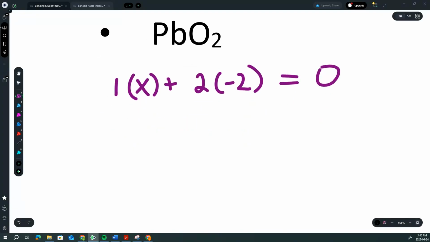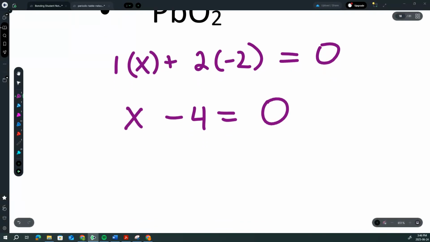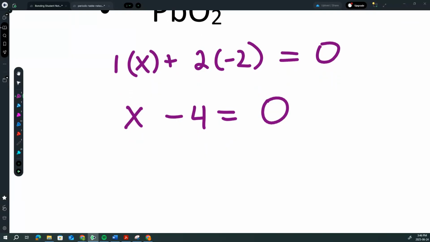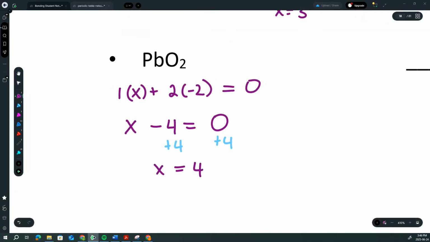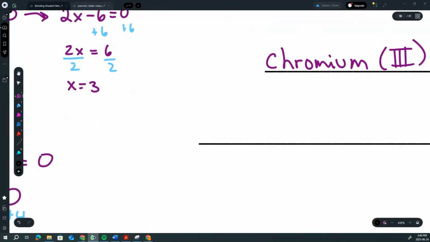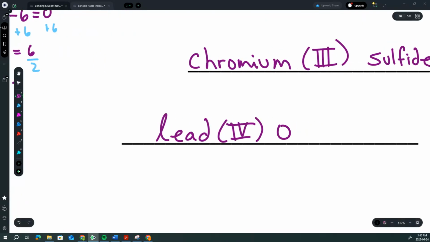Cleaning this up a bit, I put equals 0 because I know I want this compound to have a neutral charge. So we have x minus 4, because 2 times -2 is -4. If I add over the 4, x is equal to 4. So the charge on lead is 4. So lead 4 oxide.